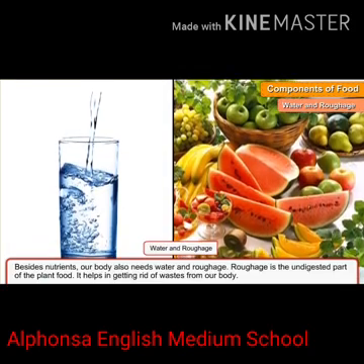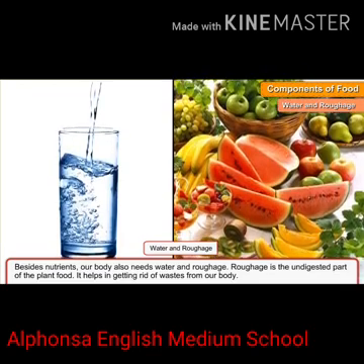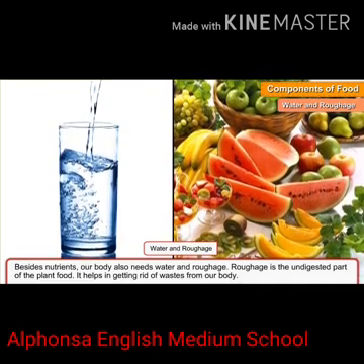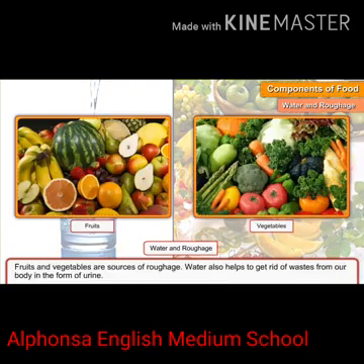Roughage is the undigested part of the plant food. It helps in getting rid of waste from our body. Fruits and vegetables are sources of roughage. Water also helps to get rid of waste from our body in the form of urine and sweat.